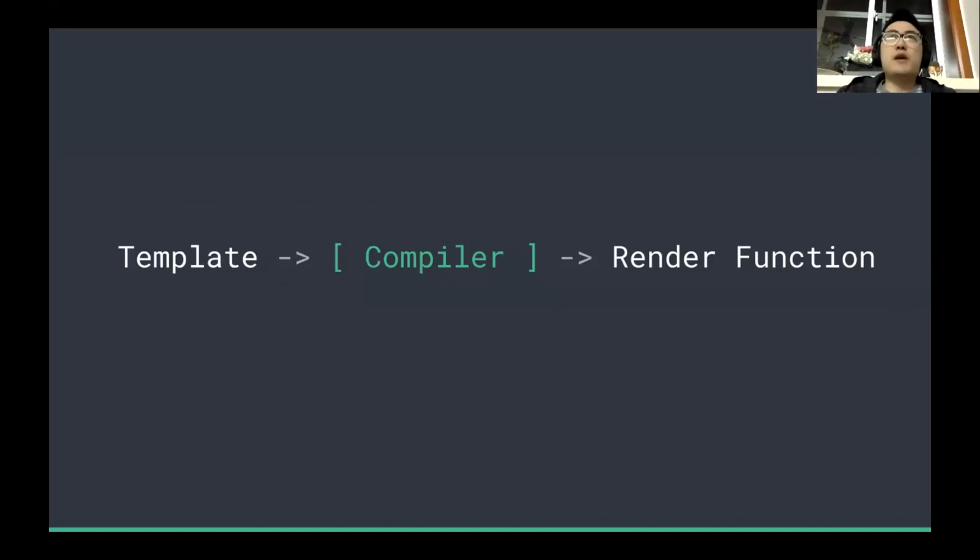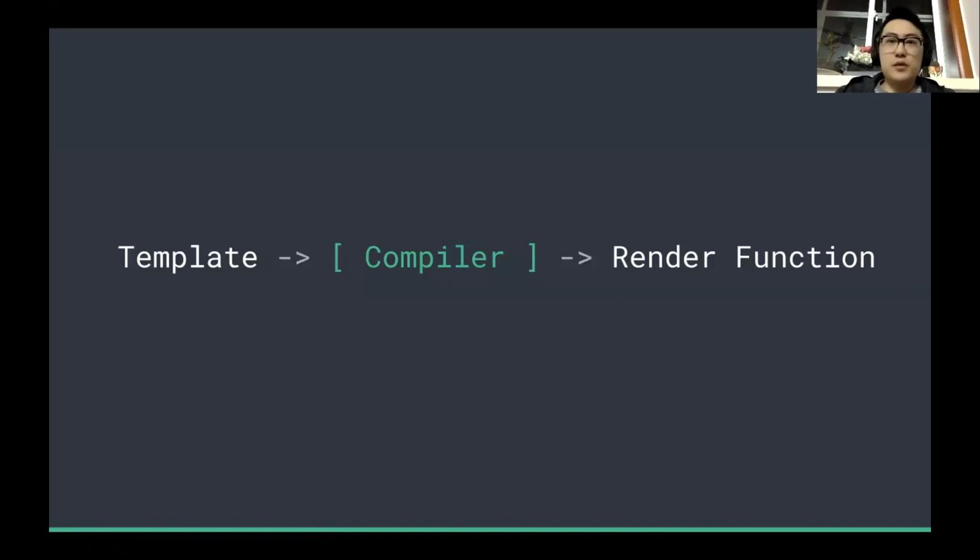Many of you have probably had the confusion when upgrading to Vue 2. We have this difference between two different builds, the standalone build and the runtime-only build, right? The difference between the two is whether it includes the compiler. And all the compiler does is compile templates into render functions.